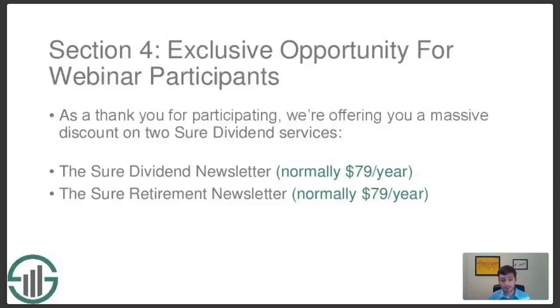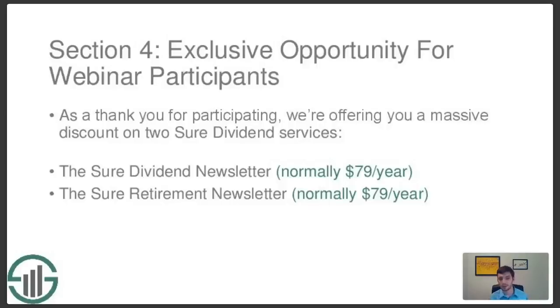The Sure Retirement newsletter takes a slightly different approach. It still uses the 8 rules of dividend investing, but it invests exclusively in stocks with 4% plus yields. It also invests in REITs and MLPs, so you'll get real estate investment trusts and oil and gas pipelines as well, which tend to have high yields. The current highest ranked Sure Retirement stock or MLP has a yield well in excess of 10%.